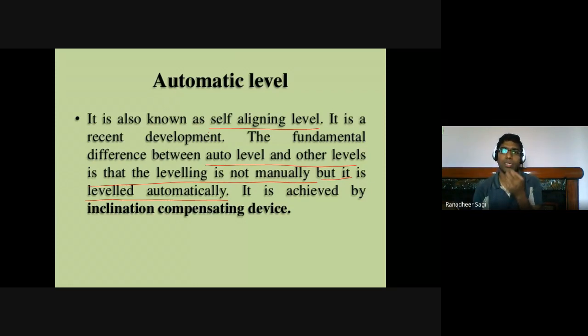Now, what does that compensating device mean? Because of the weight, you are going to have some weight hanging there, which is connected by means of some threads. So due to the orientation of the weight hanging there, the position of the telescope gets properly leveled because of the effect of gravity, and you say the leveling of the instrument is proper in the case of your automatic level.